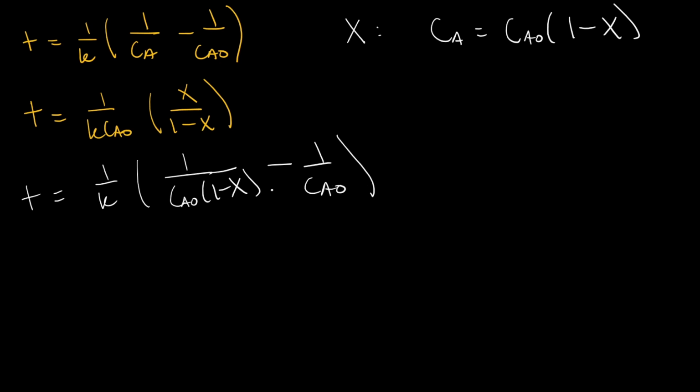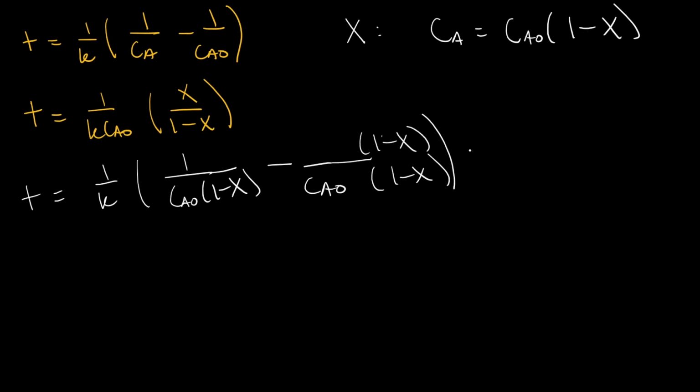And now in order to combine these two fractions together, I'm going to multiply and divide by (1 minus x). So let me remove this parenthesis. And so now we can subtract right here.